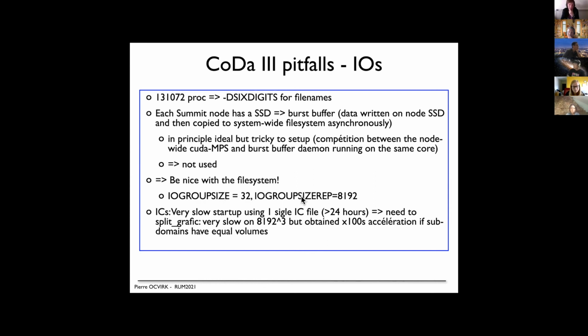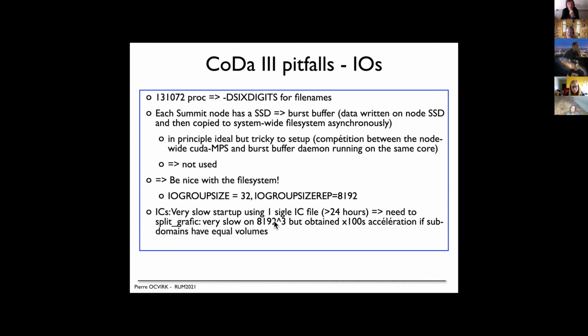And so I used the parameters which are given here. Also for startup, I don't know why, but starting from one single initial condition file, when it's very large like that, 8,000 cube, it just didn't work out. So I had to use split graphic so that every core has its own initial condition file.